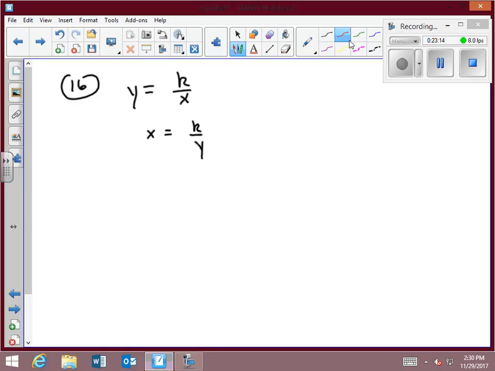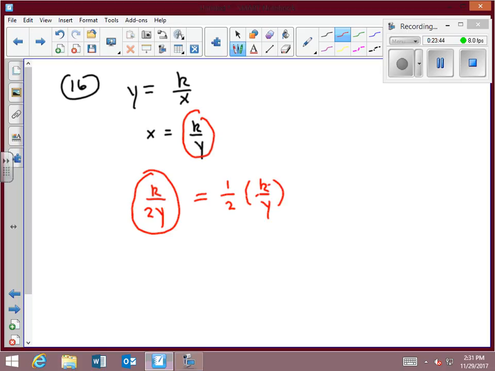Now, if we take a problem and we double the y, what could you do with this thing to get k over y by itself? One half of k over y, right?